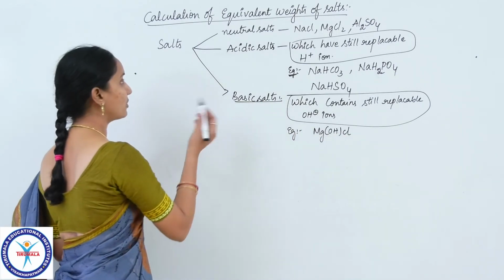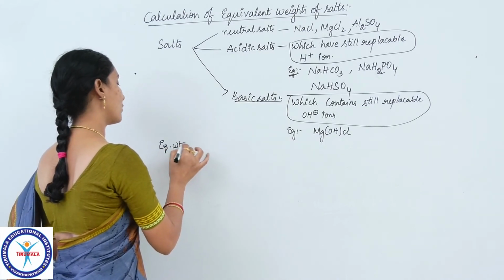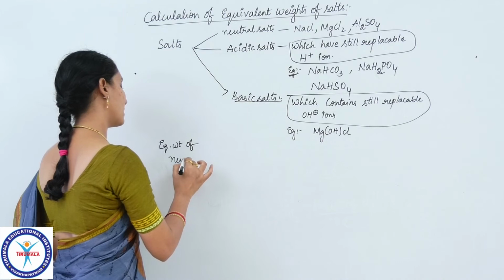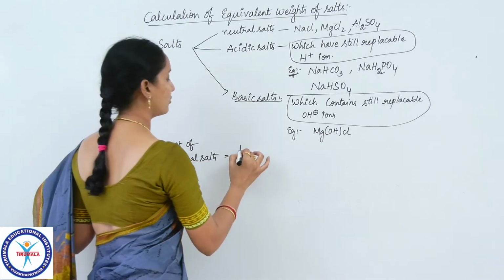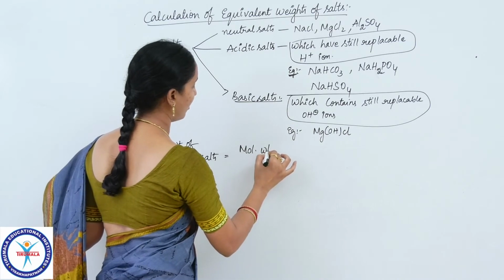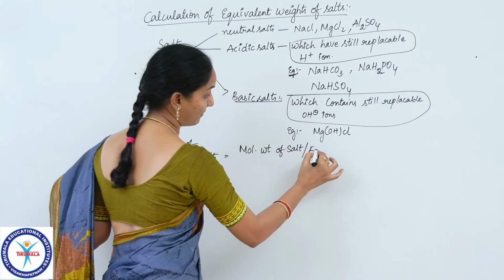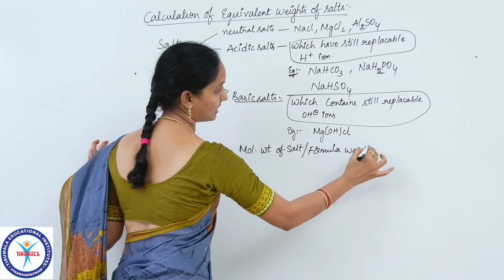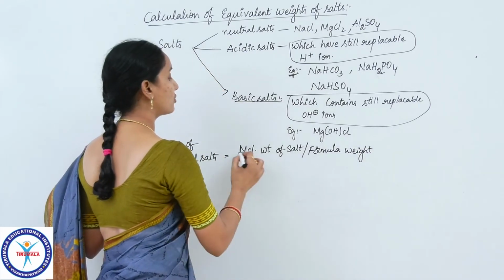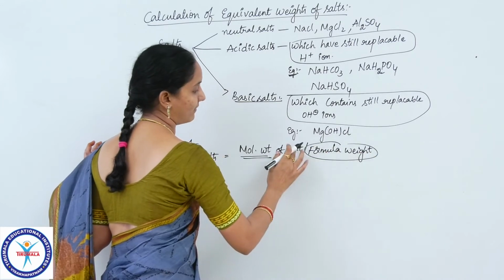Now let us see how you calculate the equivalent weight of neutral salts. What you have to do is take the molar weight of the salt, which is also called the formula weight. In the case of ionic compounds, as salts are generally ionic compounds, you should not call it molecular weight, preferably you should call it formula weight only.